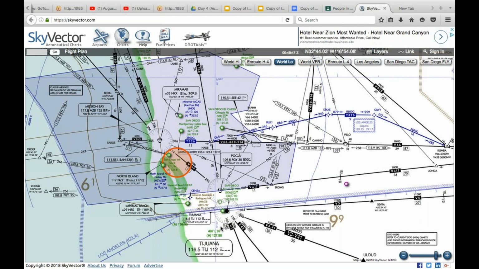What we do care about with VORs is whether it's a high altitude VOR, low, or a terminal VOR. So high VORs, low VORs, and terminal VORs. And when we talk about VORs, that's when we'll break down some very important information on those. Okay.